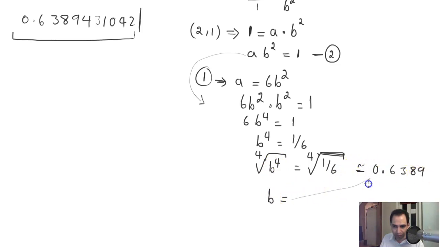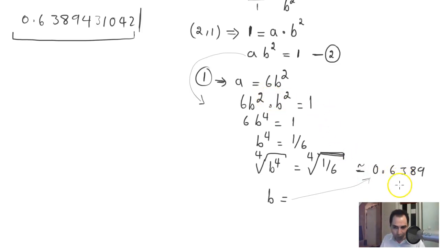basically this is my b here now. Based on this approximation, I'm going to take this equation and, based on this approximation of b, calculate what a is. So then again, a becomes another approximation.